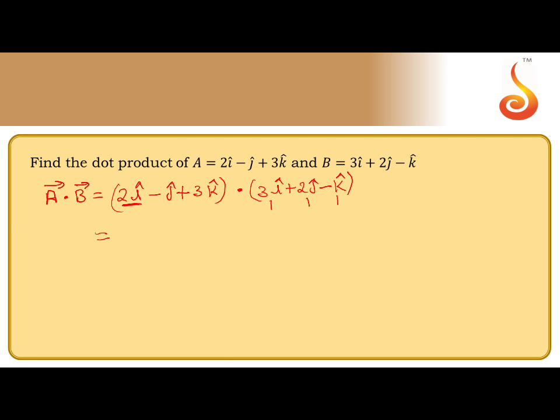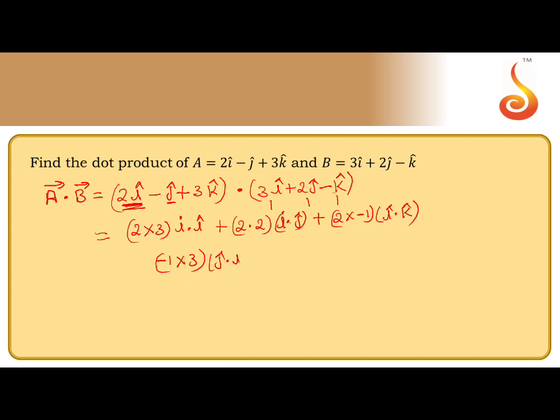So 2 into 3 i dot i, plus 2 into 2 i dot j, plus 2 into minus 1 i dot k.